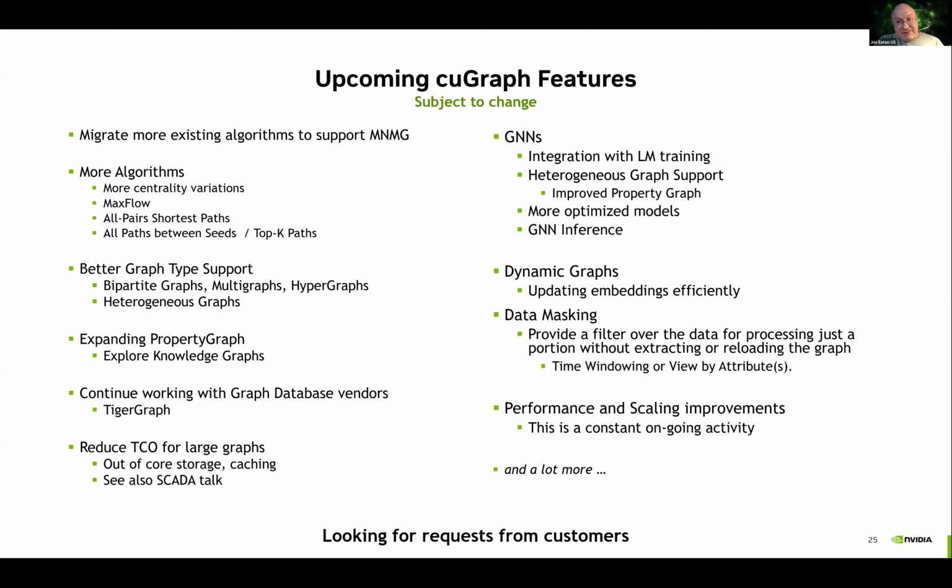And working with database vendors. We have a project with TigerGraph right now to integrate TigerGraph as a data source tightly with cuGraph, so we can compute PageRank and these kinds of features and hand it back to TigerGraph very, very quickly. We've clocked about a 200x speed up for running PageRank and Louvain on TigerGraph.